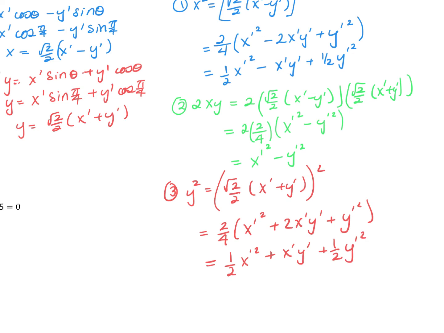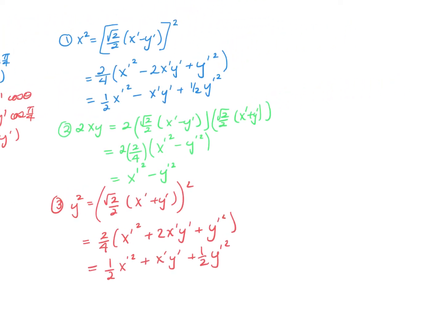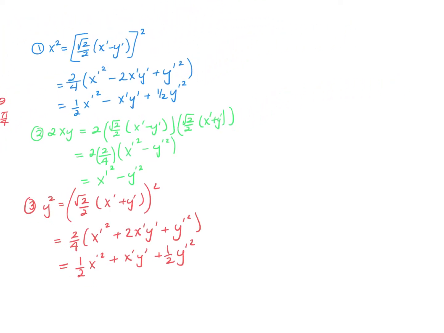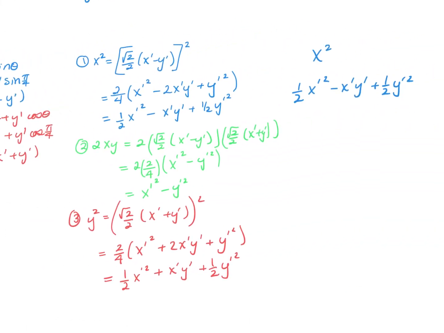All right, so let's write down what we have so far. So we had the x squared term. That x squared term gets replaced with 1/2 x prime squared minus x prime y prime plus 1/2 y prime squared. And then I had a plus 2xy.